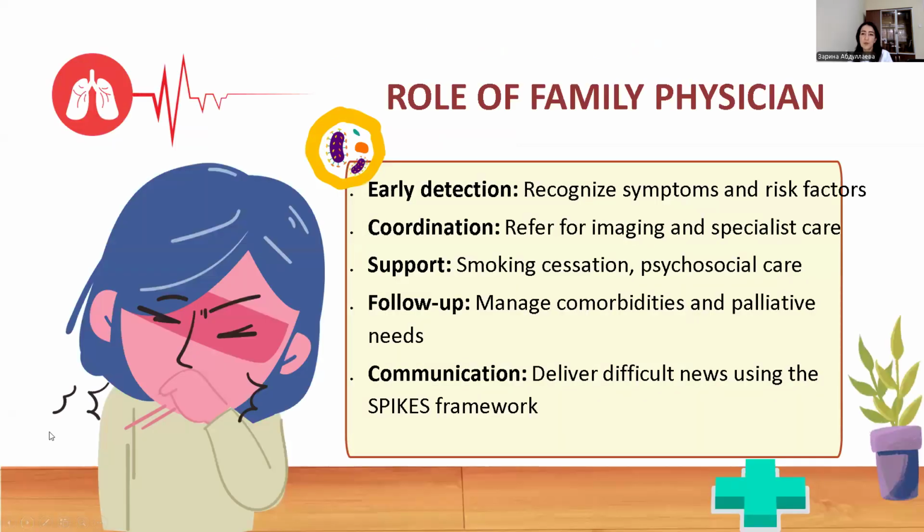So the role of the family physician in malignant lung disease is mainly early detection, recognizing symptoms and risk factors; coordination, referring for imaging and specialist care; support, which is smoking cessation, psychosocial care, follow-up, managing comorbidities and palliative needs; and communication, delivering difficult news using the SPIKES framework.